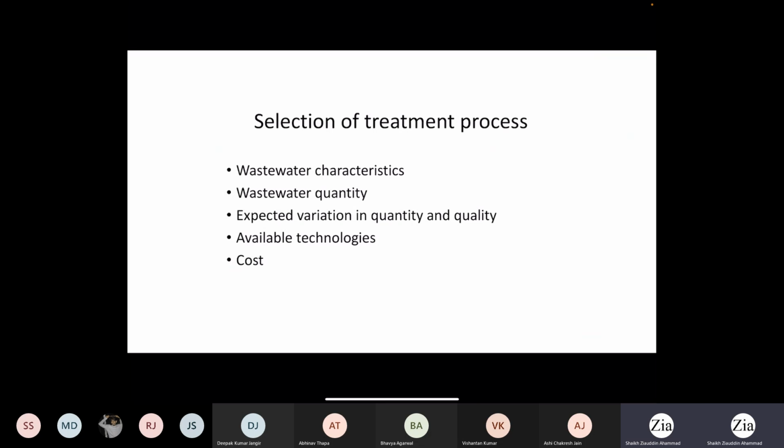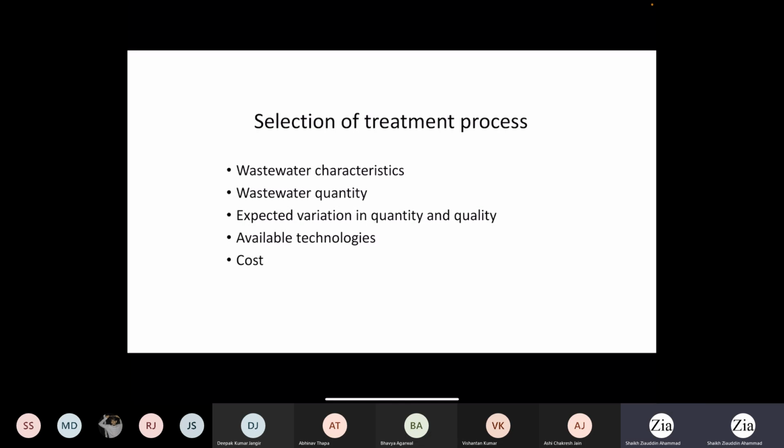You need to know what kind of effluent quality you are getting, and obviously the quantity, because if you get a huge volume and you have space constraints, then you may have to use some advanced treatment option. And with the expected variation, you may get a little bit of fluctuation in performance.